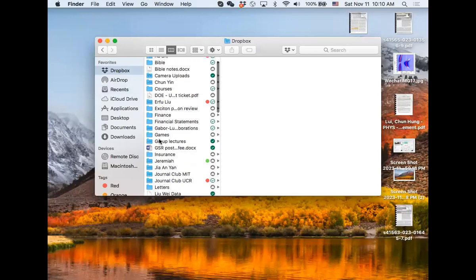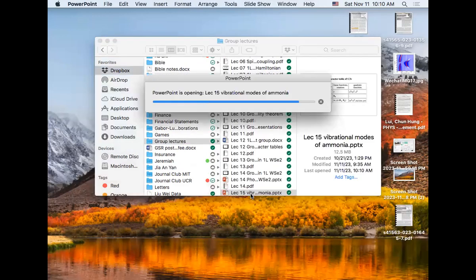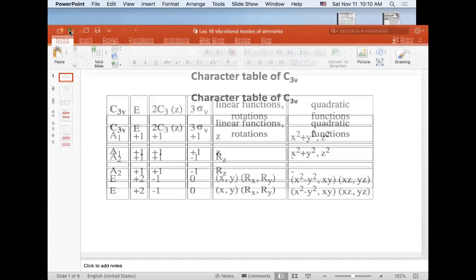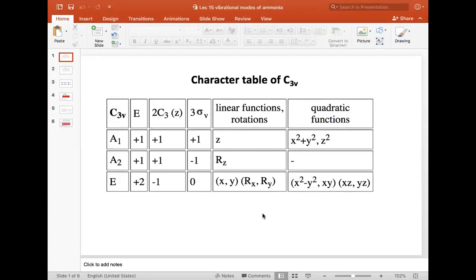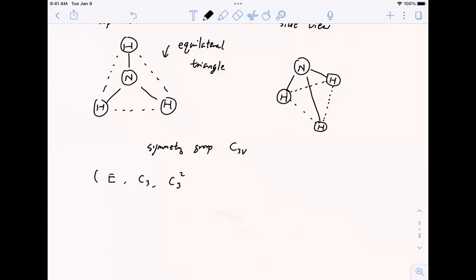So this is the character table of C3V. There are totally 6 elements. Let me write it down. One is the identity element. You have a C3 rotation, two of them, and then you have the reflections.